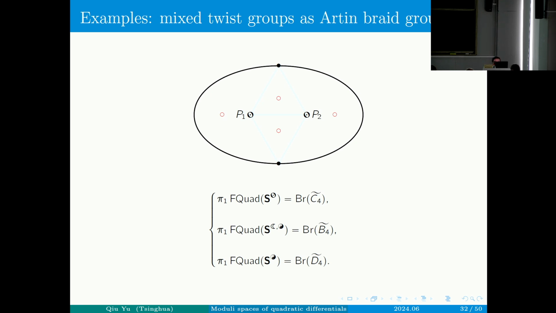So in the running example, if you calculate the pi1 of this diagram with 2 punctures, usually you get the braid group of affine type C. And if you do partial compactification with respect to P2, you get affine type B. And if you allow collision to both of them, you get affine type D.